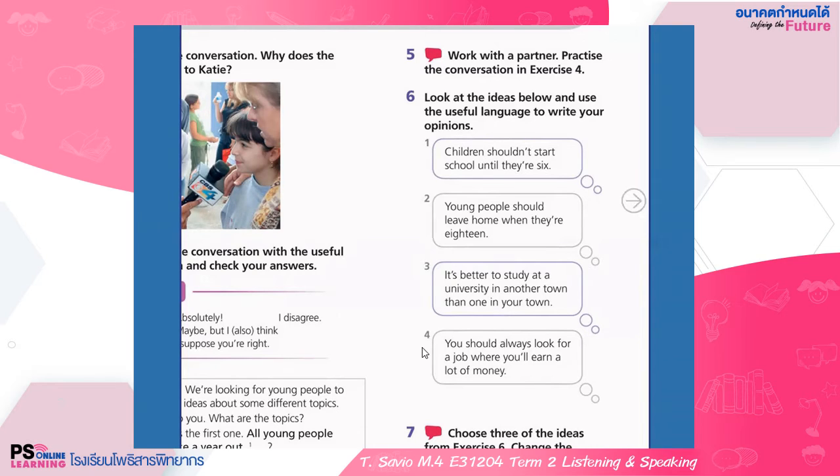You should always look for a job where you'll earn a lot of money. Students, you are supposed to give your opinion whether you agree with these sentences or not, and why. So you can work on this at home in your notebooks, and we will discuss them when we are back in the classroom.